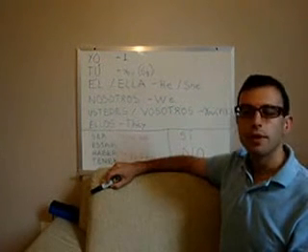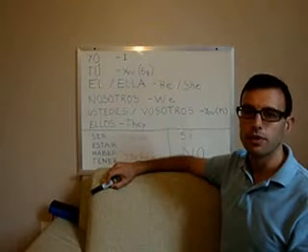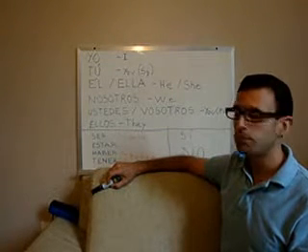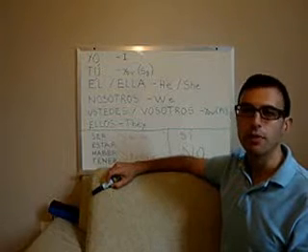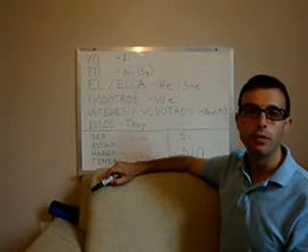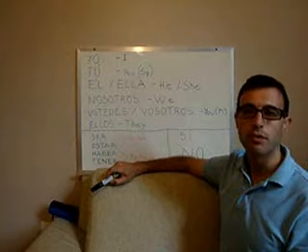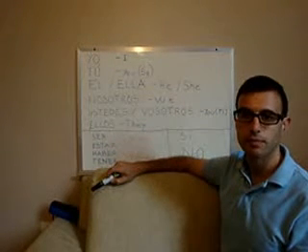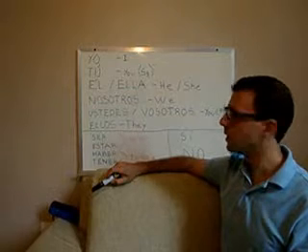Spanish is a very regular language. Spanish phonetics and pronunciation is very regular. So, you write as you pronounce or as you read, and you read as you write. Exactly.